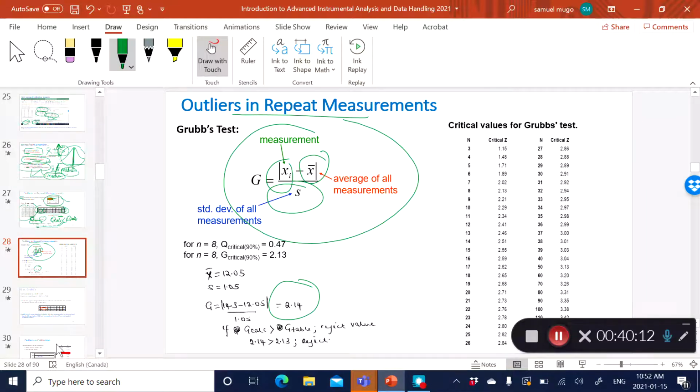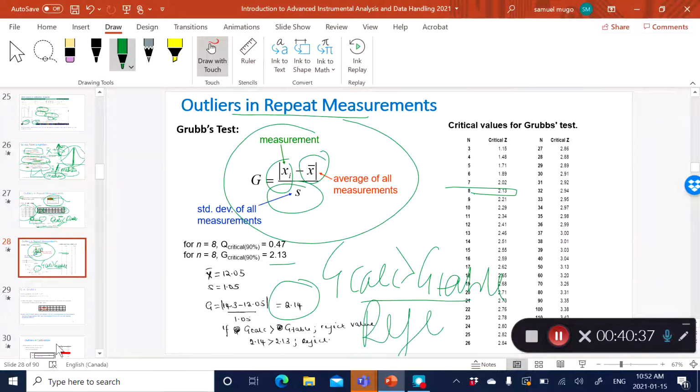And then I determine the G from the table. There are 8 measurements, and I can determine the G from the table, which in this case is 2.13. Now you can see in this case, actually, the G that I calculated is greater than the G from the table. And for that reason, I should reject the data.